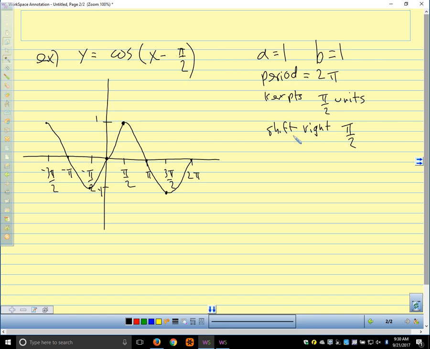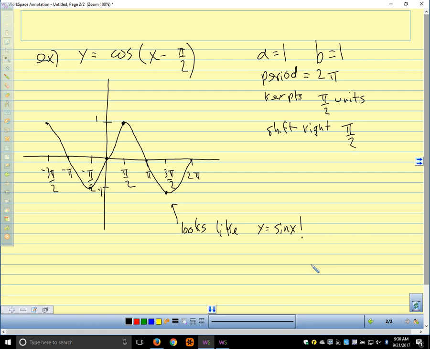And do we see anything interesting about that graph? That looks like a sine function. We can think about a cosine function as a sine function with a phase shift of pi over 2 to the right.